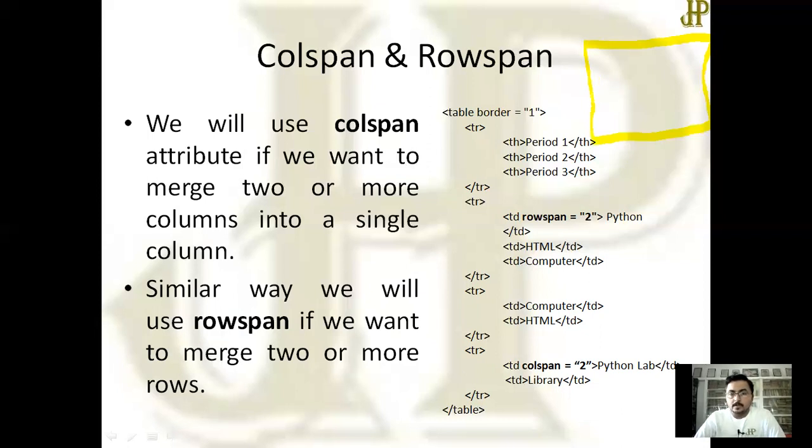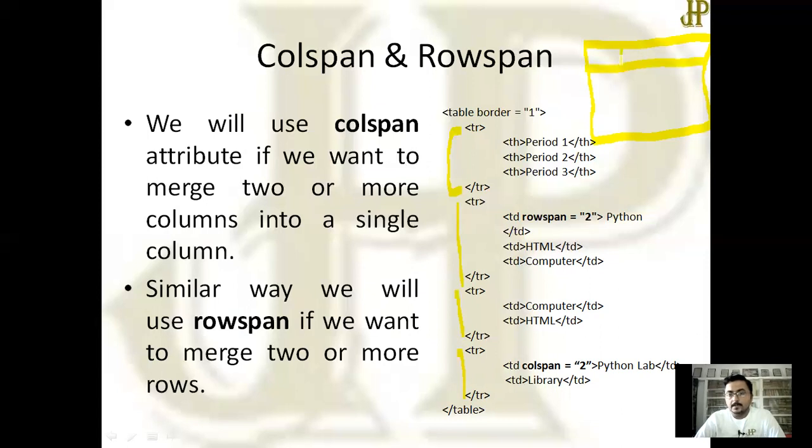Now here is 1 row, 2 row, 3 row, and 4 row. Clear? TR represents table row. So 1, 2, 3, 4. The first row is used for the heading section.